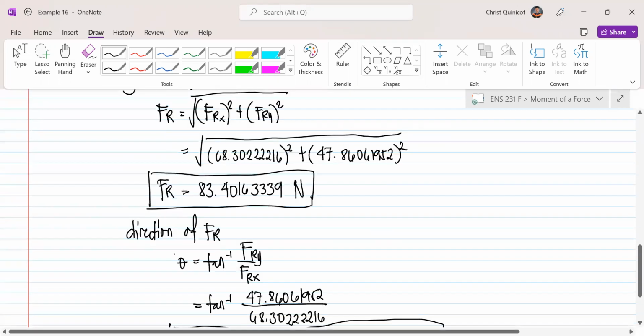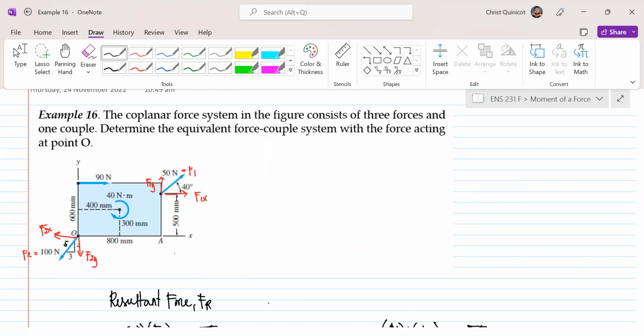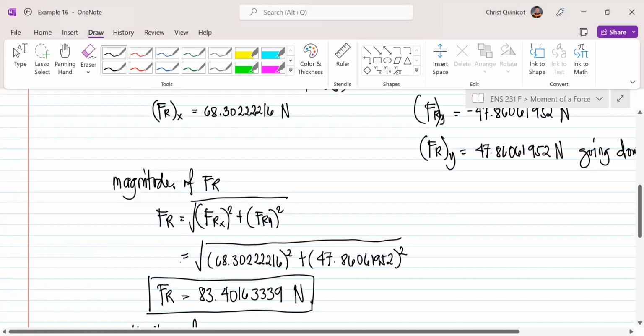So what are all the moments? Take note that we are taking our moment about point O. So therefore, both F sub 2y and F sub 2x, the x and y components of our 100 Newton force, will not be considered because both of their lines of action pass through point O. So only consider the 90 Newton force, the x and y components of F sub 1, and our 40 Newton meter couple.